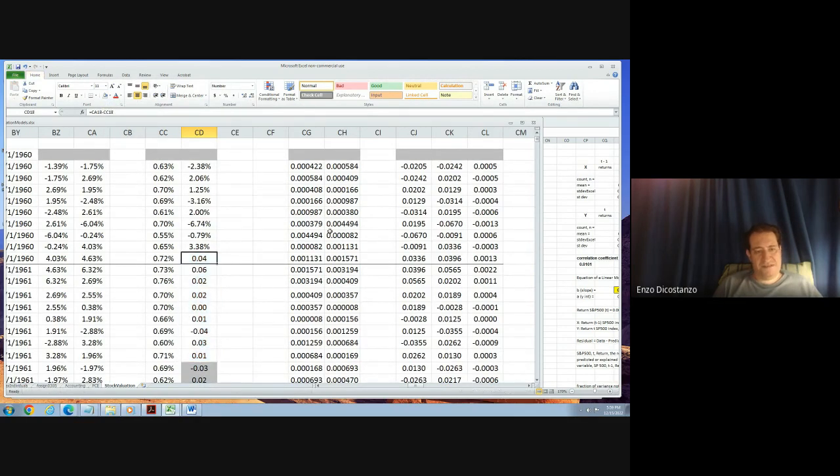What do we want these as percentages? So these are percentages.